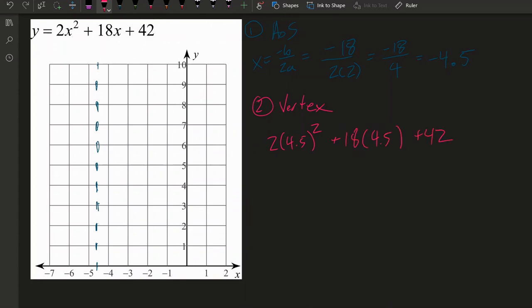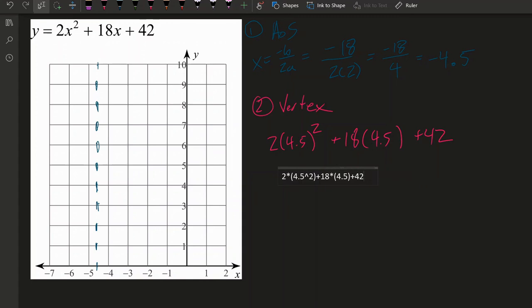This is a great time for a calculator. So I'm just going to type this in. 2 times 4.5 to the second power plus 18 times 4.5 plus 42 is equal to 163.5, which means I've messed up. Oh, I see it.